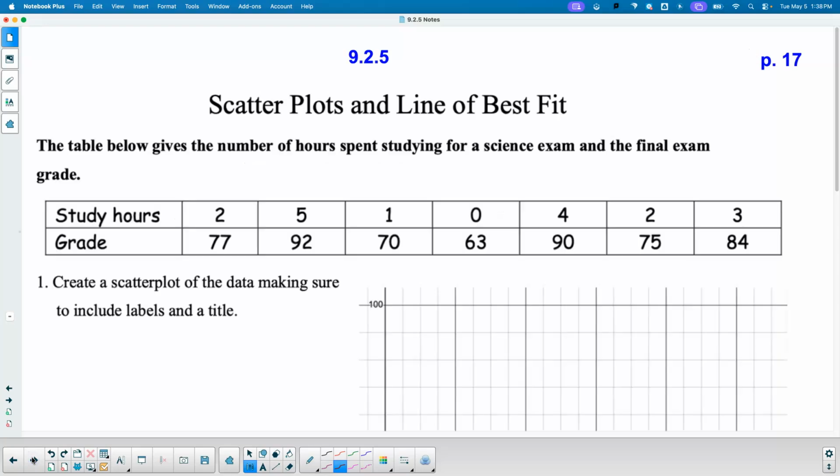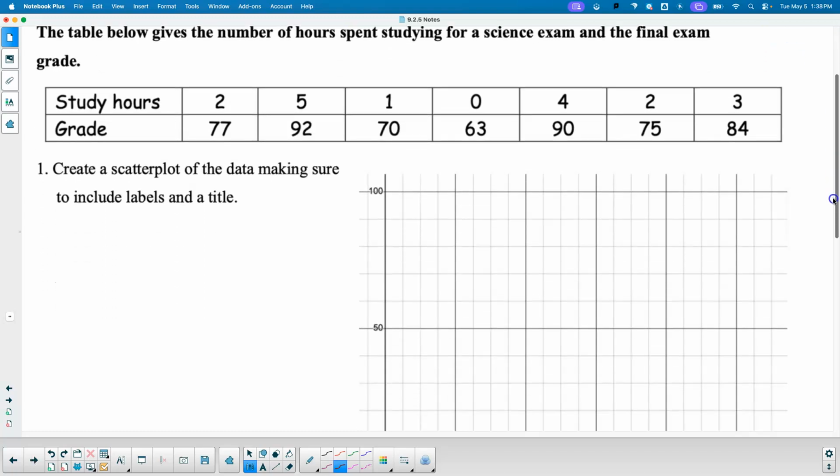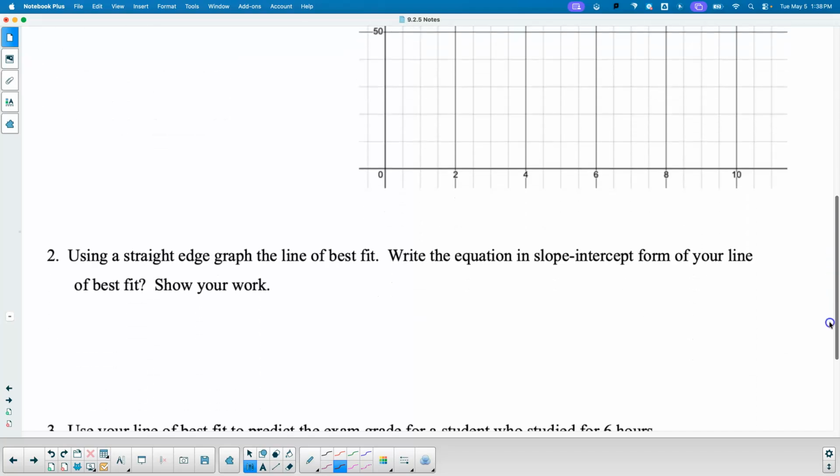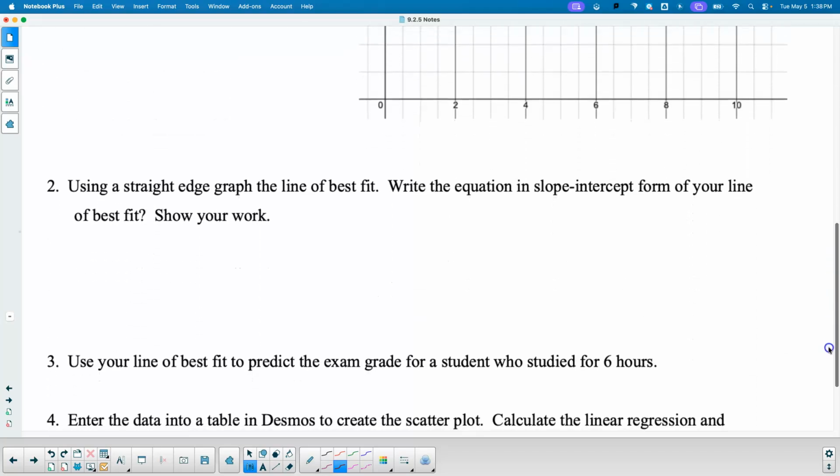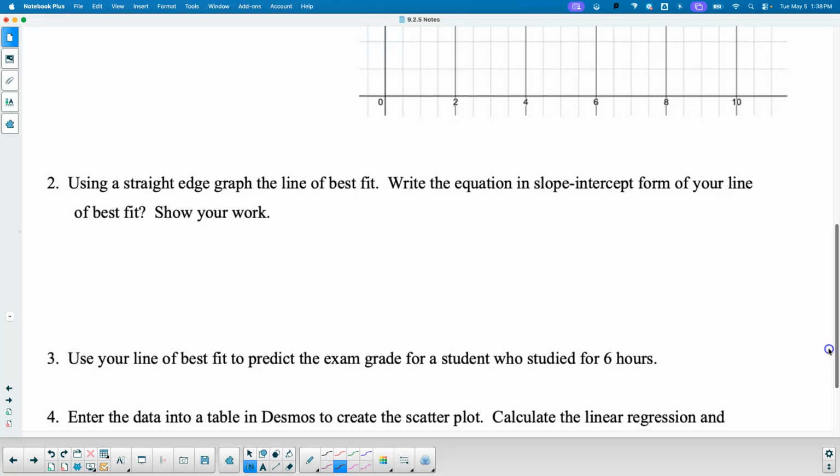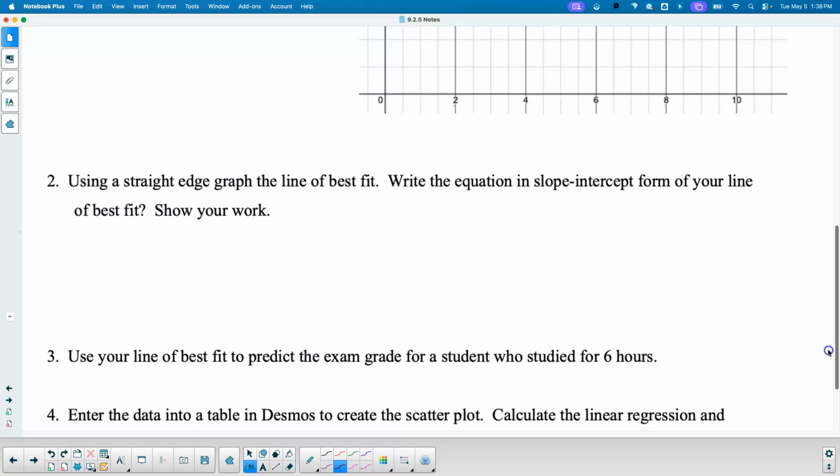If I'm not mistaken, and I kind of looked at it already today, it's pretty much exactly what we just did. Okay? So the first one, you're going to create your own scatter plot by hand on that grid. Then you're going to put on your line of best fit and find the equation of your line of best fit.